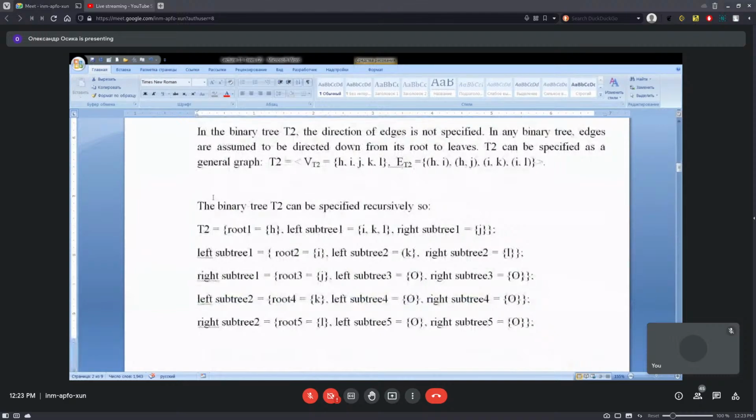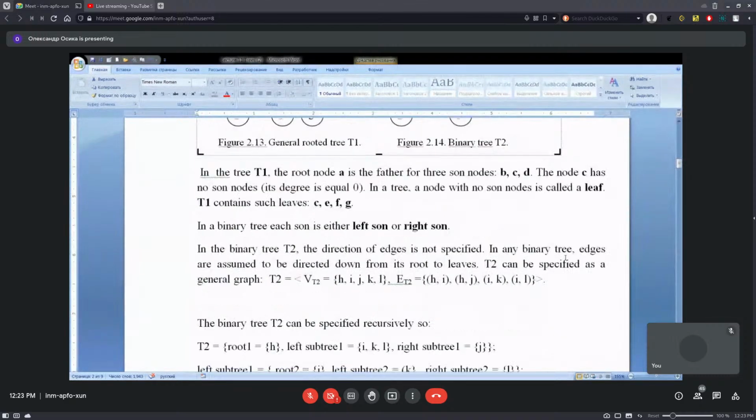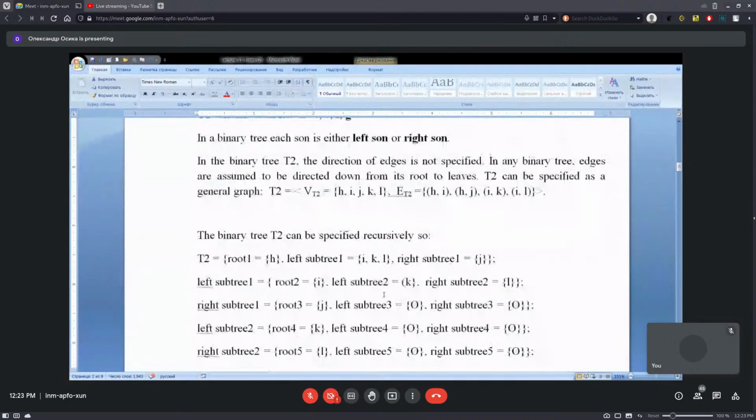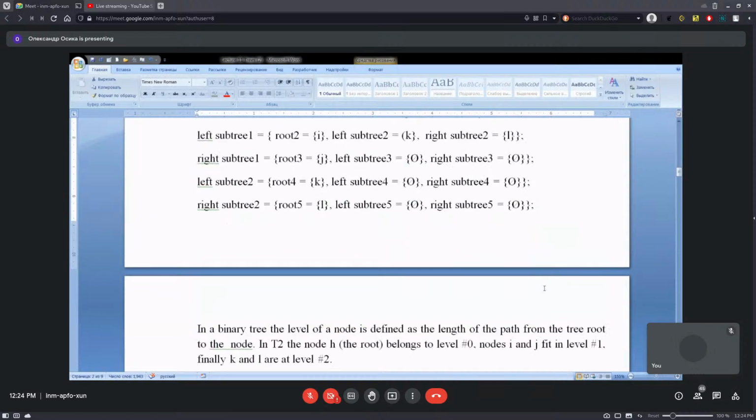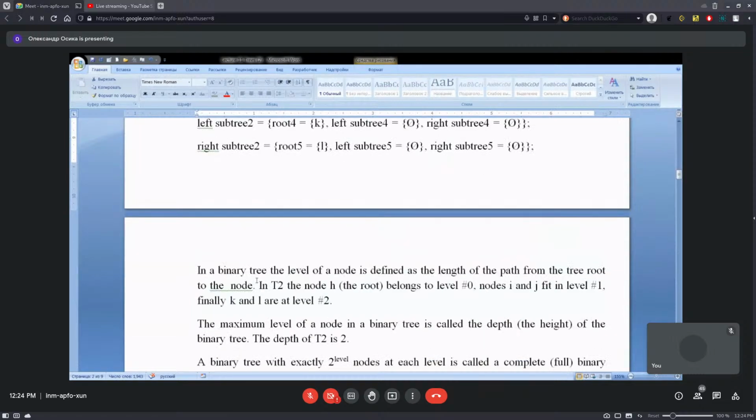So here I showed on the picture, and here I wrote T2: root H, left subtree I K L, right subtree J, and so on. After that, decomposition until left and right subtrees become empty. Now here we stop decomposition.